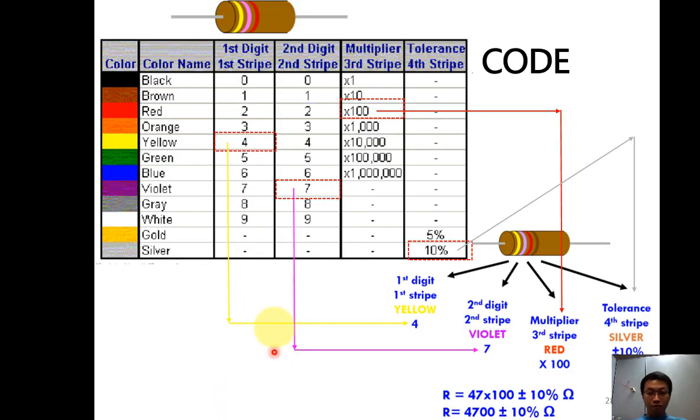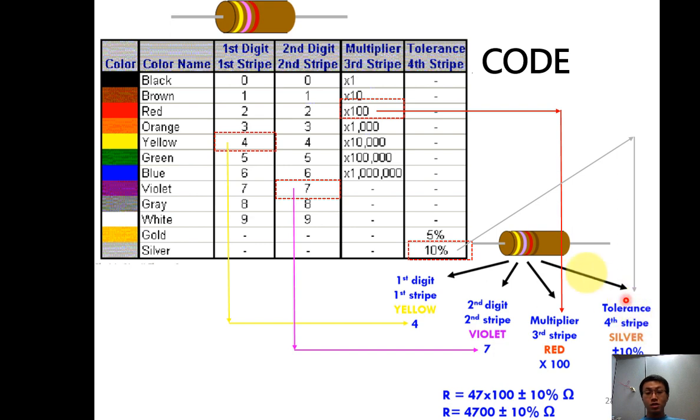Then how to read it? For example, now the first one I have yellow, violet, red, and also silver. First yellow. Yellow is the first digit, the first stripe. Yellow represents 4, so I have 4. Violet represents 7. Multiplier is red, so it is times 10 to the power of 2, so times 100.